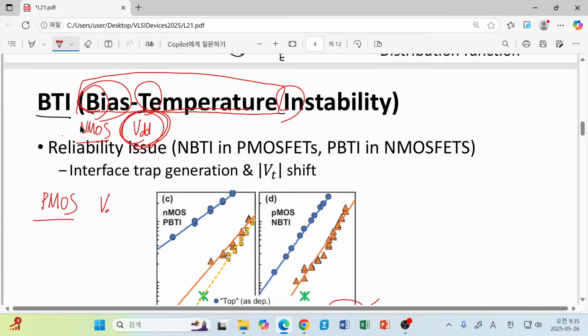When you apply VG equal to 0 volt, this is regarded as a stress condition, because usually the source of our PMOSFET is biased to VDD. So our gate to source voltage is minus VDD.